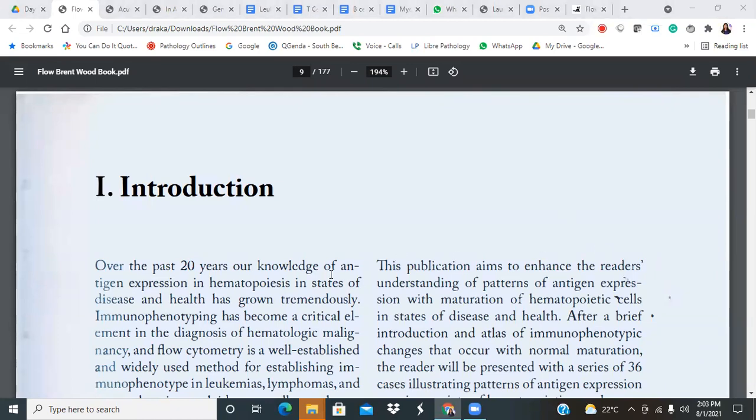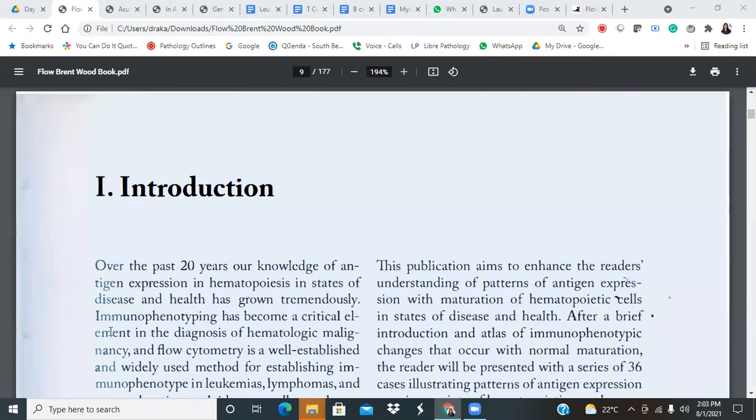Okay. So let's do our routine thing that we used to do for WHO book club. Introduction. Over the past 20 years, our knowledge of antigen expression in hematopoiesis and states of disease and health has grown tremendously.